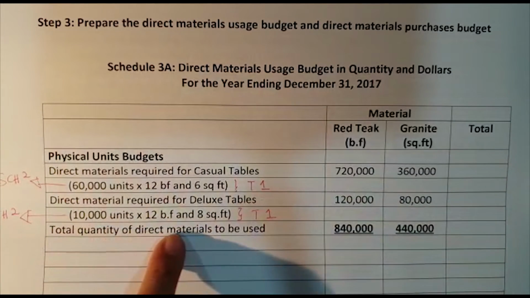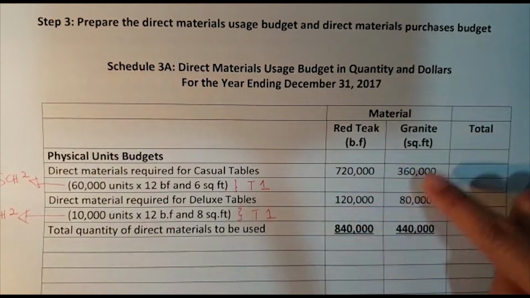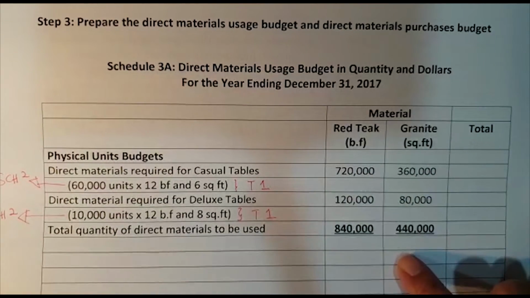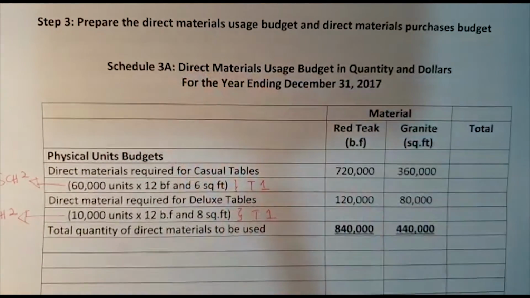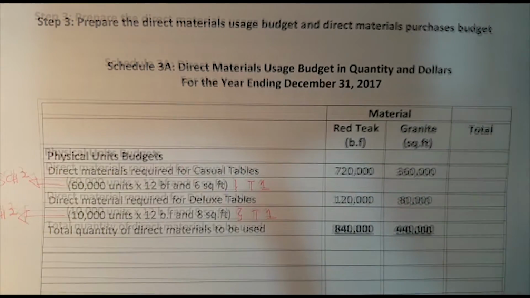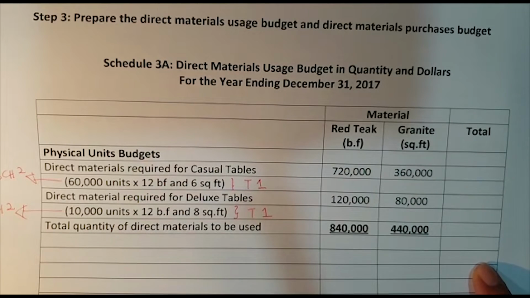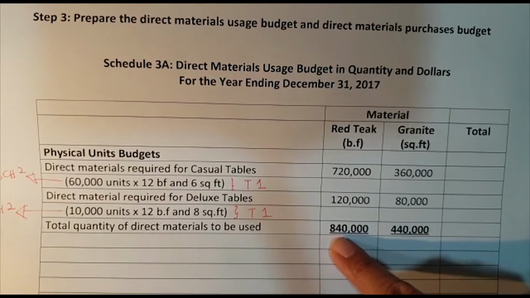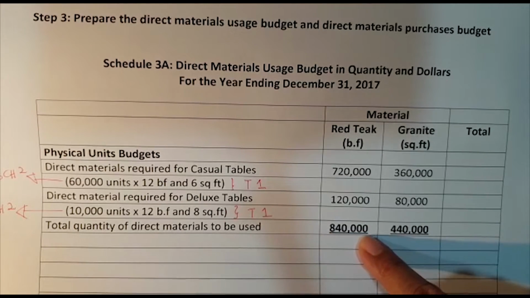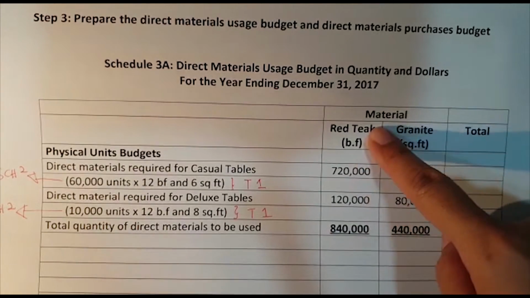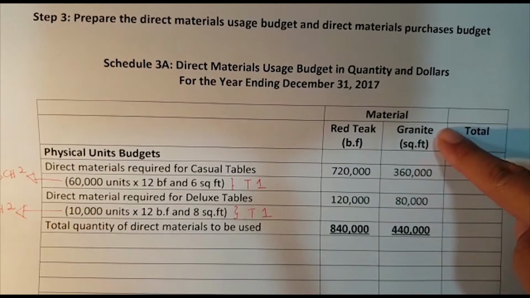For the total quantity of direct material to be used, we add both together, and we can get this figure. This is Schedule 3A, the direct material usage budget in quantity. This calculation shows that the company needs 840,000 board feet of red teak and 440,000 square feet of granite.